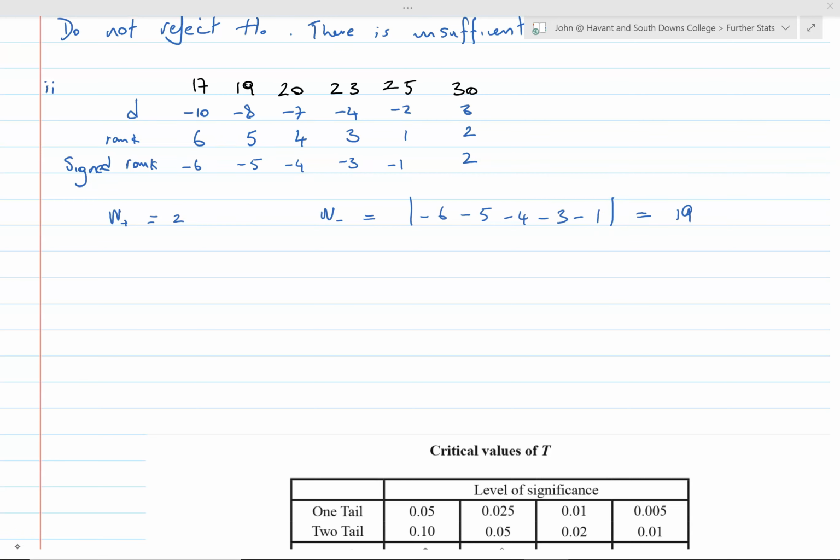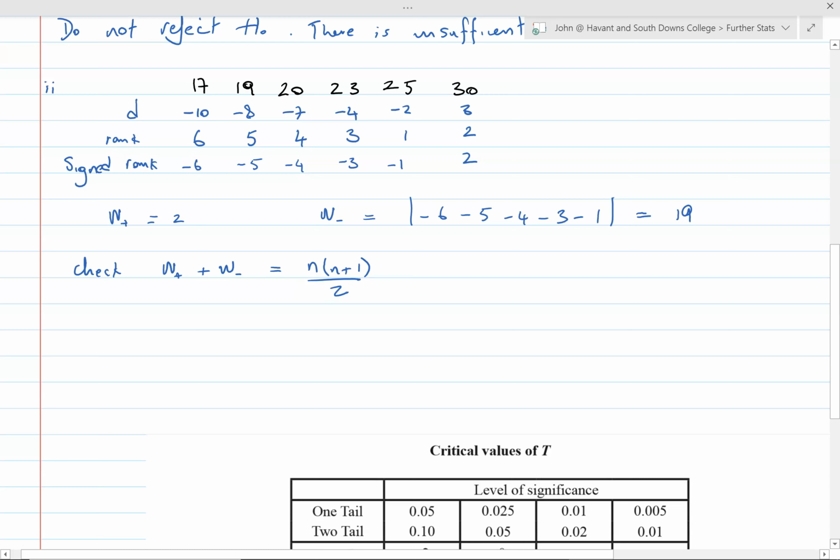And something I didn't mention the first time round, I probably would, on reflection, check that W plus and W minus add up to the total of the ranks, because 1 plus 2 plus 3 and so on are the triangle numbers.